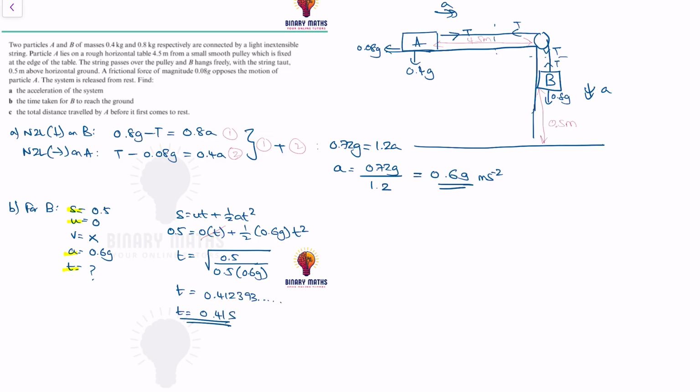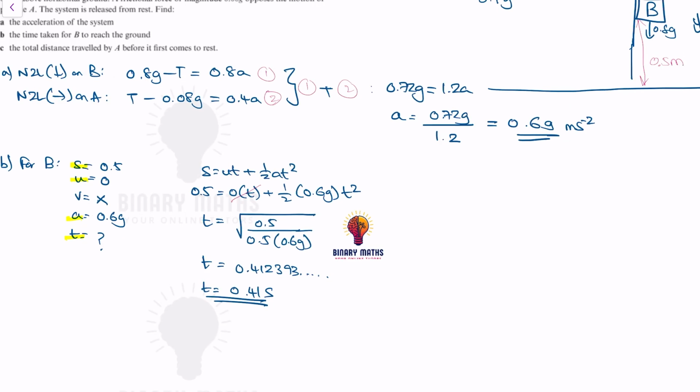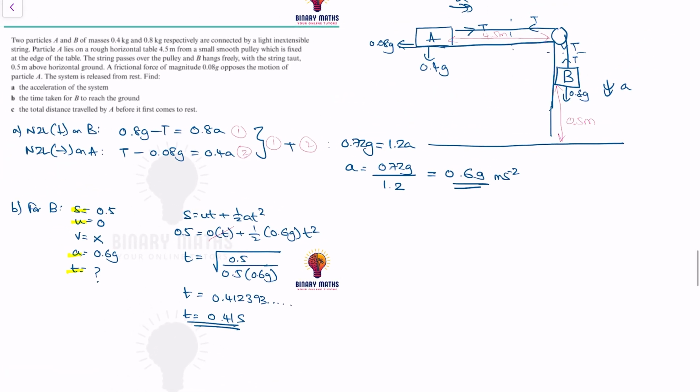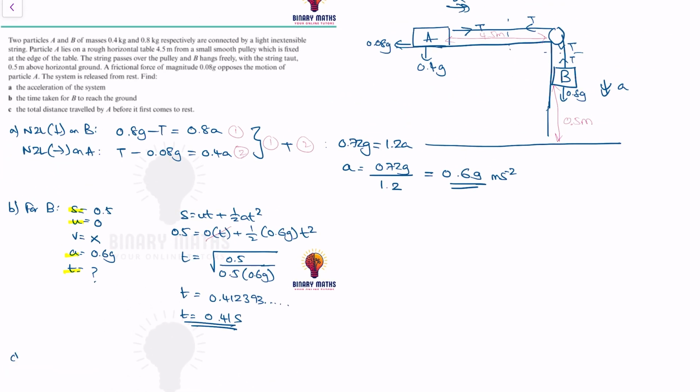Part C: the total distance traveled by A before it first comes to rest. Okay, so we know that when B hits the ground, A has already traveled 0.5 meters.